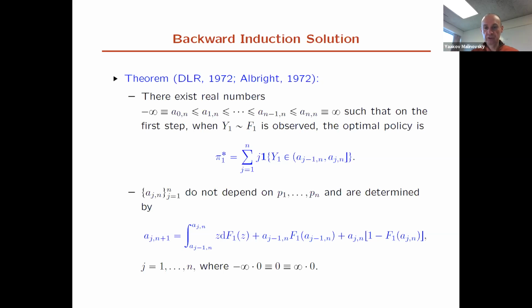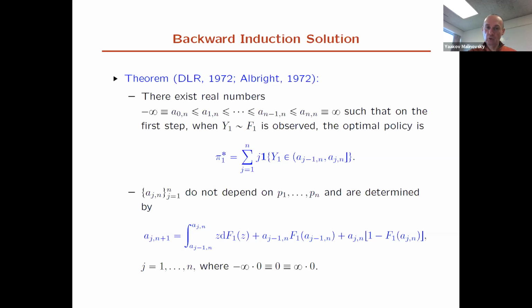This idea was used in the proof, and it gives a recursive relation to find these values a each time as a function of the distribution. What is interesting is that the values of a depend only on the distribution. They don't depend on the values of p.